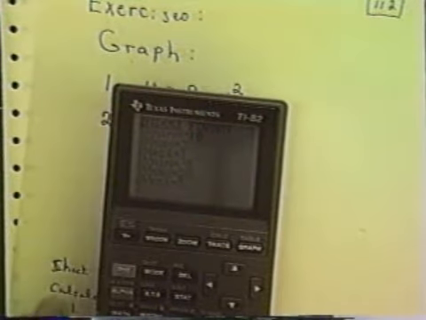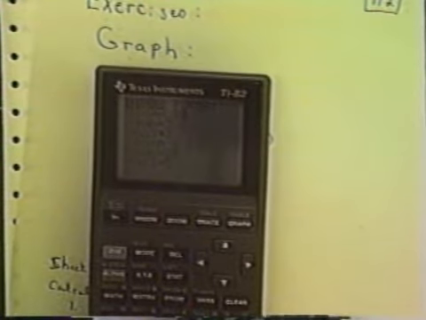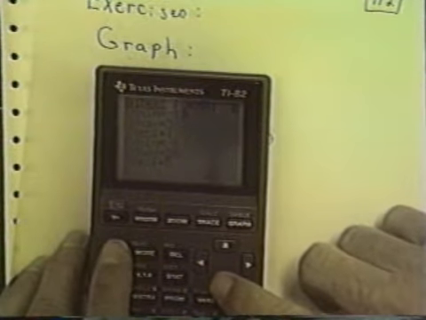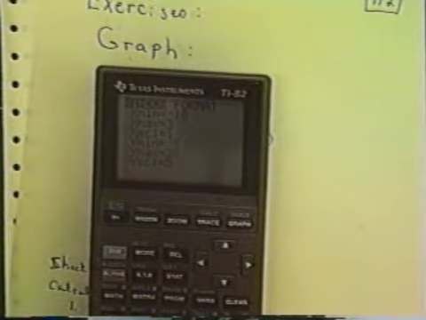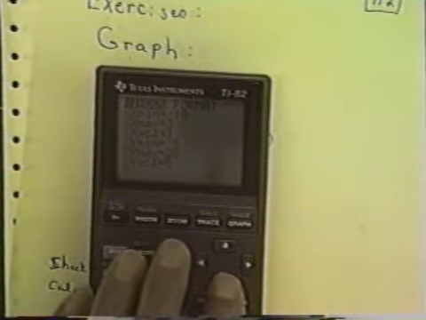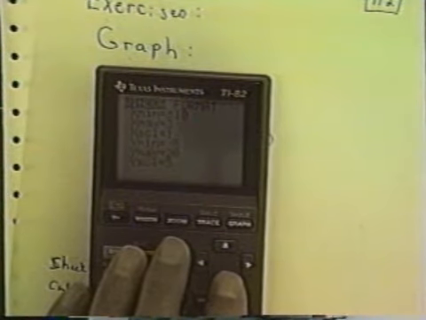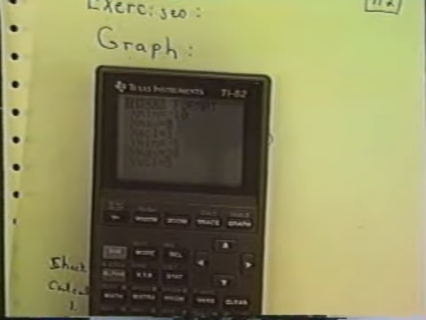Okay, I'm darkening it so maybe you can see a little better. Okay, now x maximum, I'm going to come down and set x maximum at positive 10. So x maximum is set at positive 10.